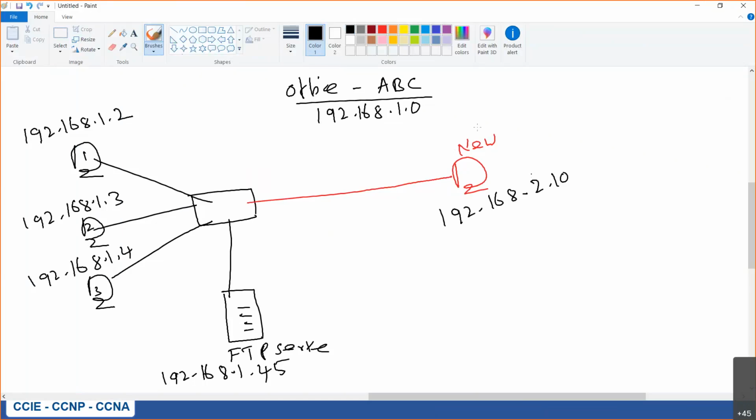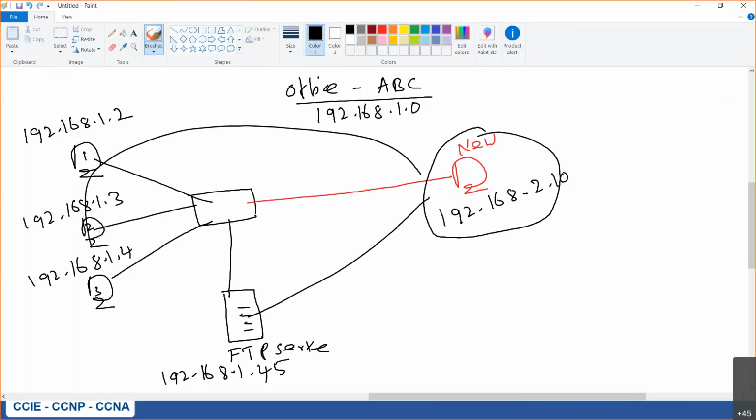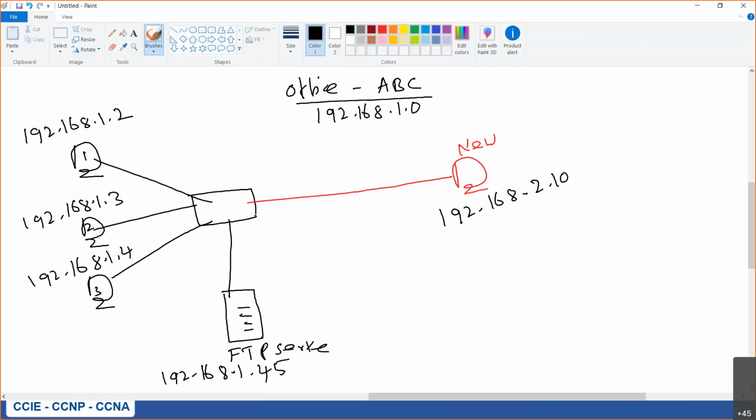Then how can I allow this device to communicate with my servers and the rest of the PCs? Using a default gateway or a router. The first option is to change the IP address of the new device. So what IP do we assign? 1.10, on the 1.0 network. So this is one method, by changing the IP address.